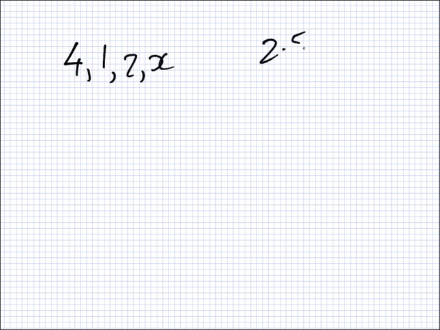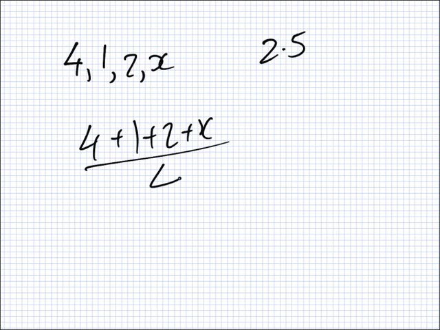The mean average is 2.5. What's x? So that's 4 plus 1 plus 2 plus x over 2 plus x. I did 2x. Enough said? Okay.